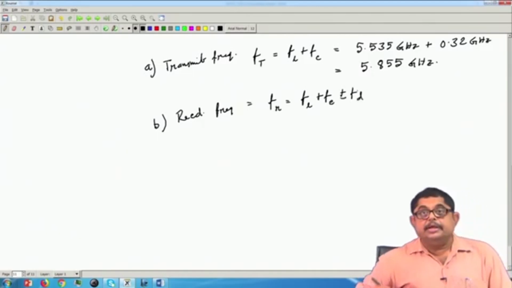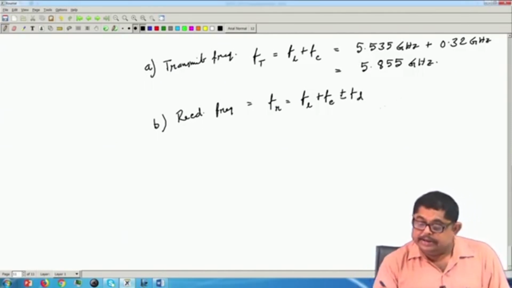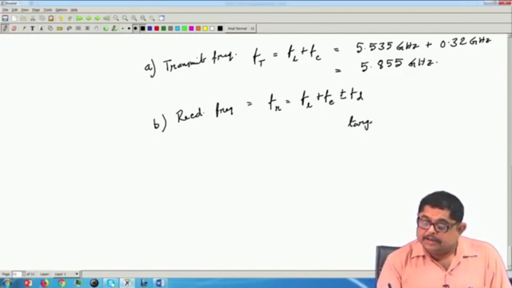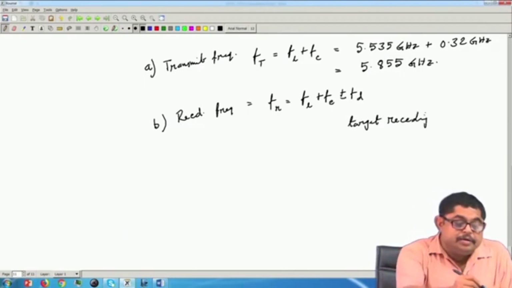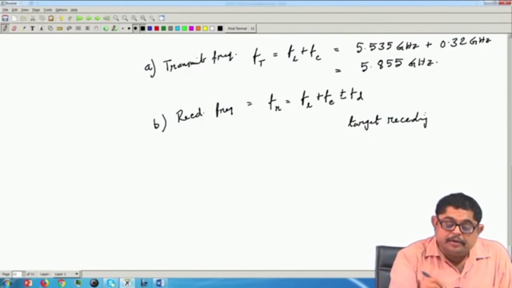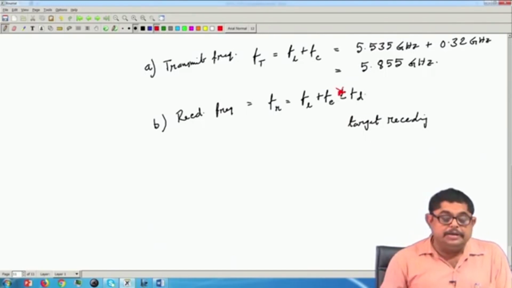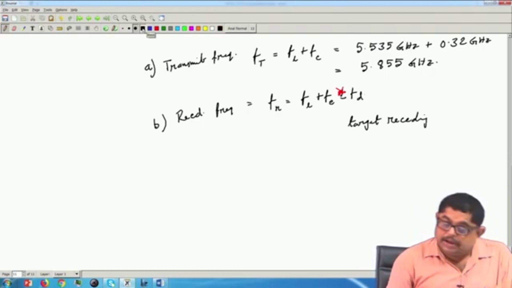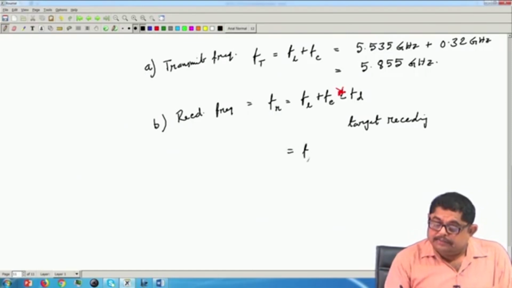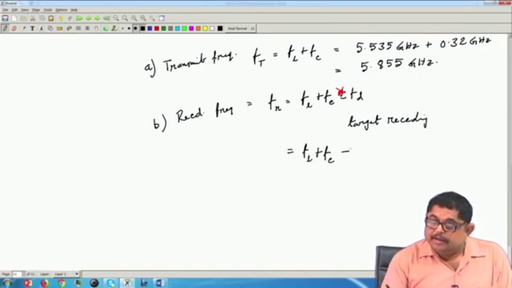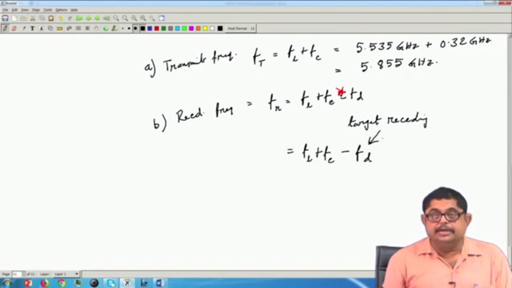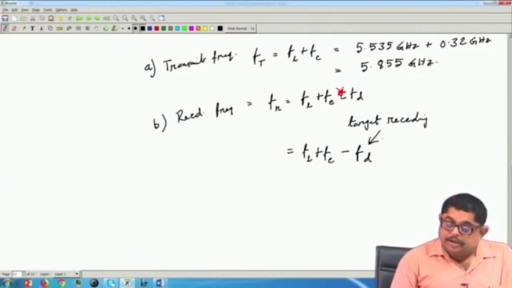Now it is said that the target is receding, so the Doppler will be negative, that means it will be minus FD. So I can say that FR is FL plus FC minus FD, because the target is receding. And what is FD?